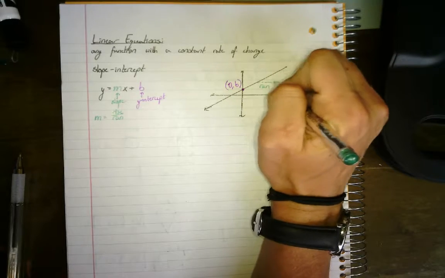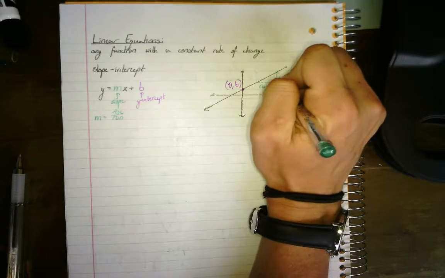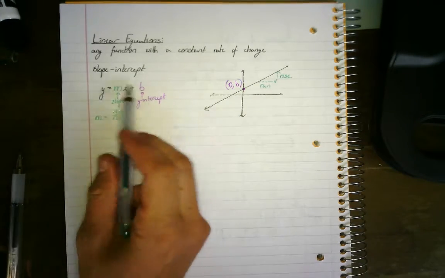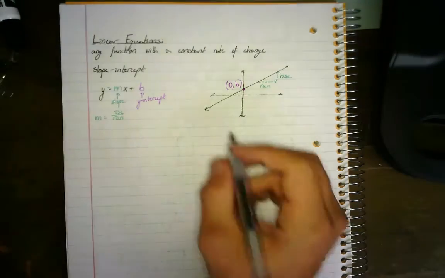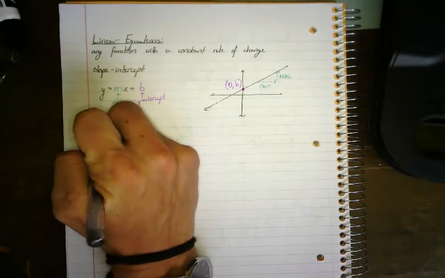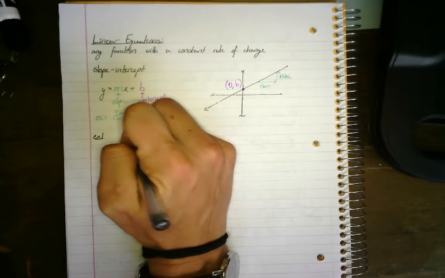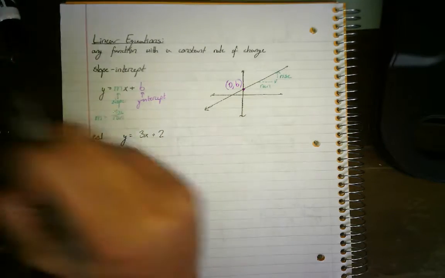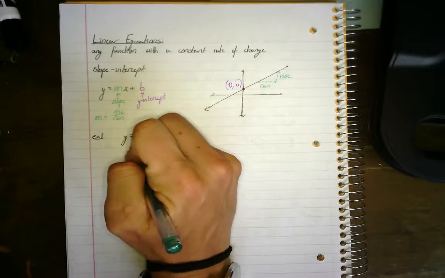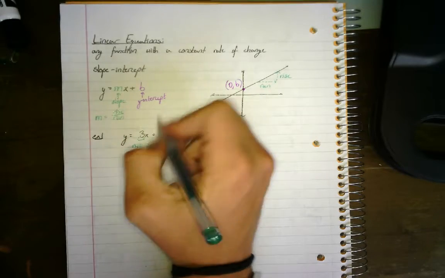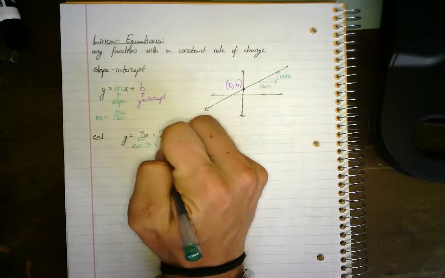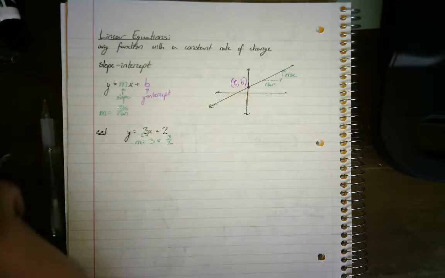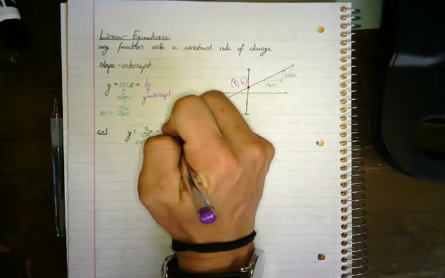So we got a run and a rise, so that we can actually determine what our slope is and what our y-intercept is. So a good example of this would be something like y equals 3x plus 2. In this case, we have a slope of 3. Remember, this can be shown as a fraction, 3 over 1. And then our b, our y-intercept, is just this 2.